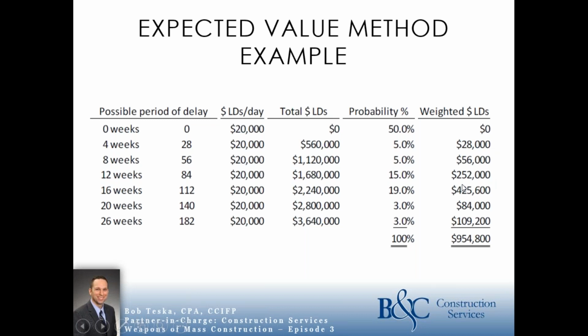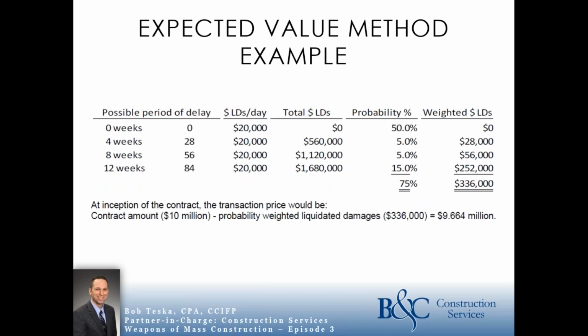And he does this all the way down so that he's got 100% probability allocated throughout here. And the weighted average of that over here is about $954,000.